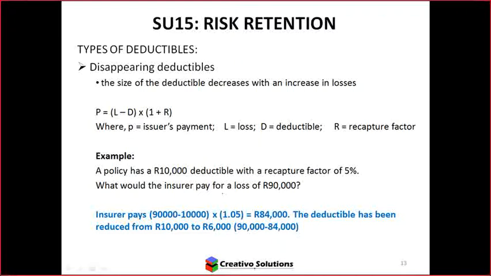Why? Because we're looking at the difference between what you've claimed and what the actual claim was in amount. So what was the actual amount in terms of the loss? 90,000.